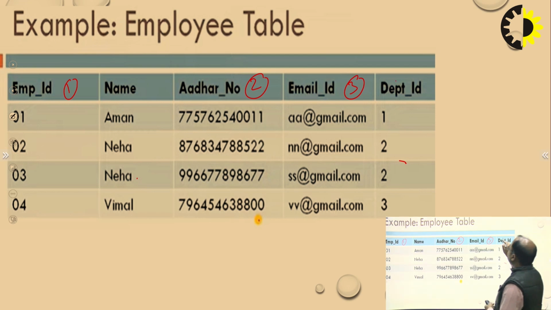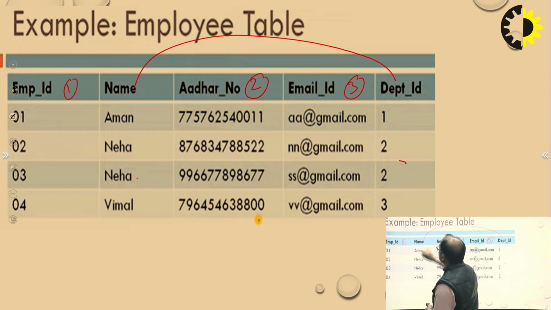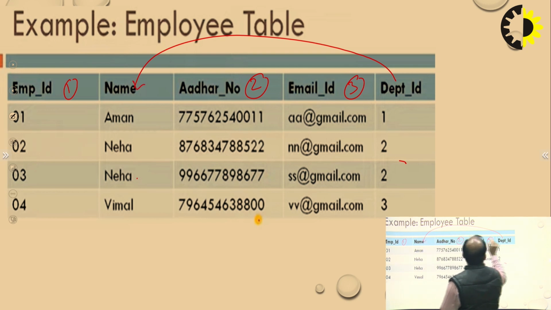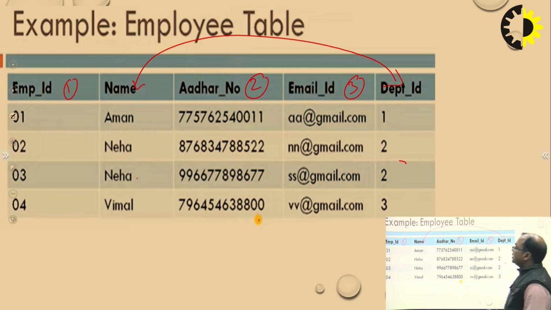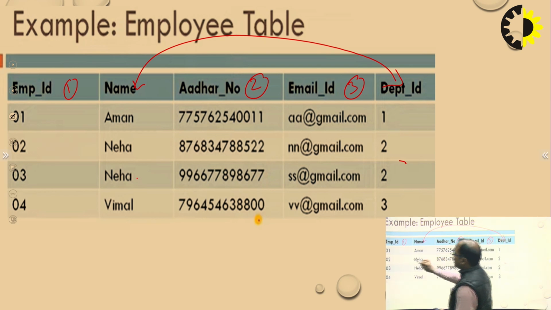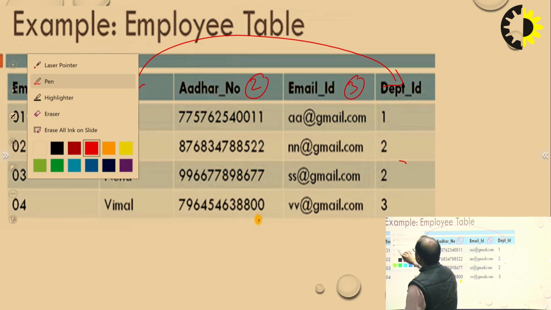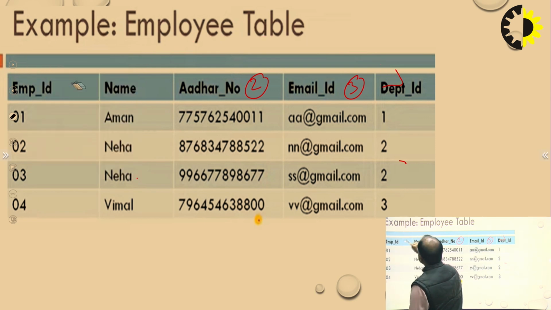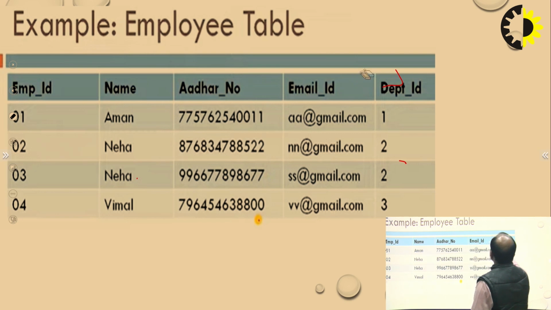But we can take the combination of these two. If we combine name with department ID or with email ID, then it may be a composite combination of keys, and it can uniquely define the things. So if it uniquely defines, then we can say it is basically a super key. Clear?